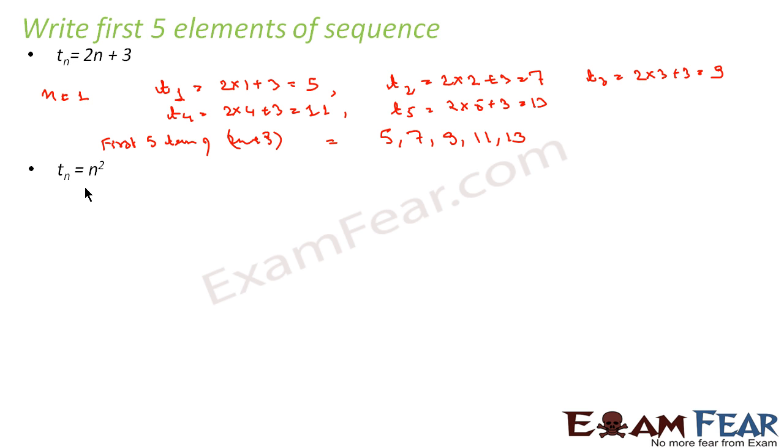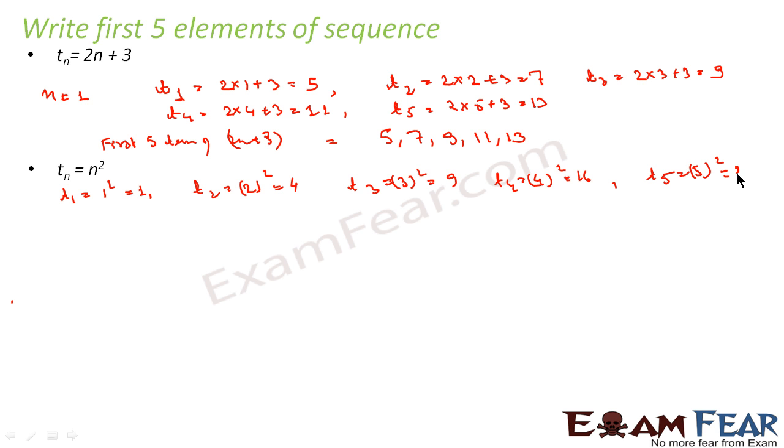We have to find the first 5 terms for Tn is equal to n square. Here also we'll put the value of n is equal to 1. T1 is equal to 1 square is equal to 1, T2 is equal to 2 square is equal to 4, T3 is equal to 3 square is equal to 9, T4 is equal to 4 square is equal to 16, and T5 is equal to 5 square, that is 25.